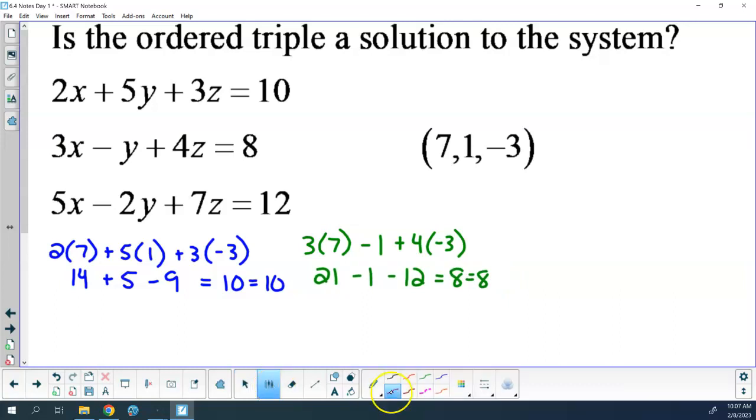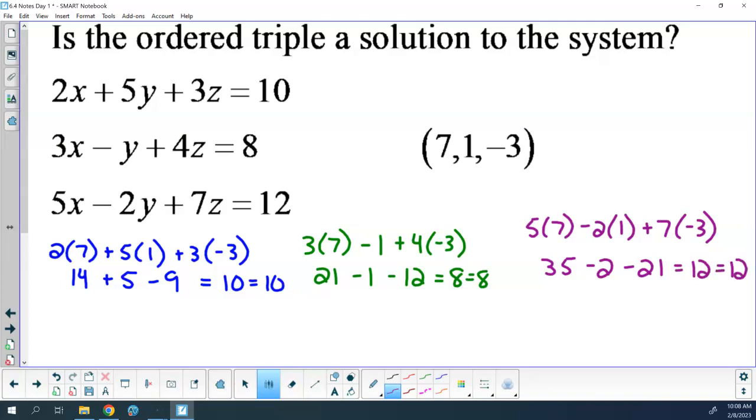Okay. Now I've got to check it out in the last one. 5 times 7 minus 2 times negative 1 plus 7 times negative 3. 5 times 7 is 35. 2 times 1 is 2. 7 times negative 3 is negative 21. 35 minus 2 is 33. 33 minus 21 is 12. 12 is equal to 12.